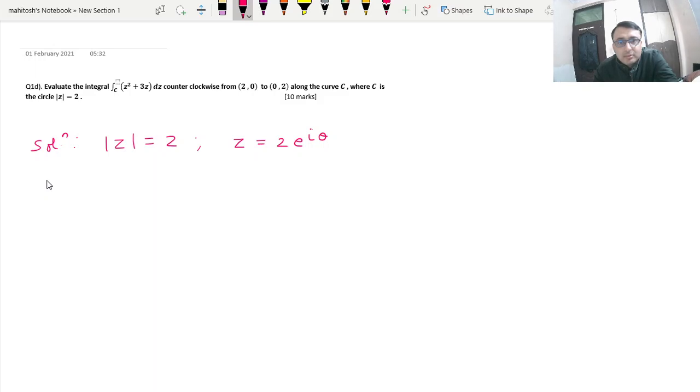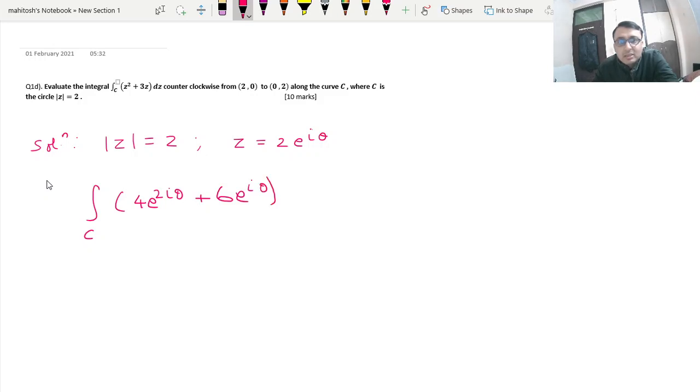Okay, so mod z is 2, so z is 2 e to the power i theta. If you take the mod of this, it is 2 itself. So we'll put the values. Z square is 4 e to the power 2i theta, plus 3 into 2 is 6 e to the power i theta.